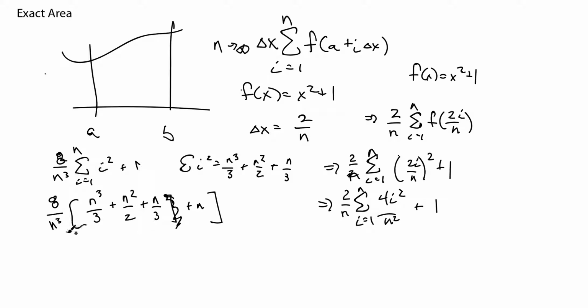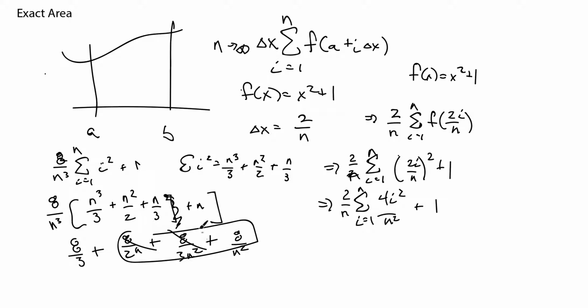And we distributed and simplified, and said this guy would still have an n in the denominator. Well, we would get 8 over 3 plus 8 over 2n plus 8 over 3n squared plus 8 over n squared. And all of these terms, when we make n very large, go away.